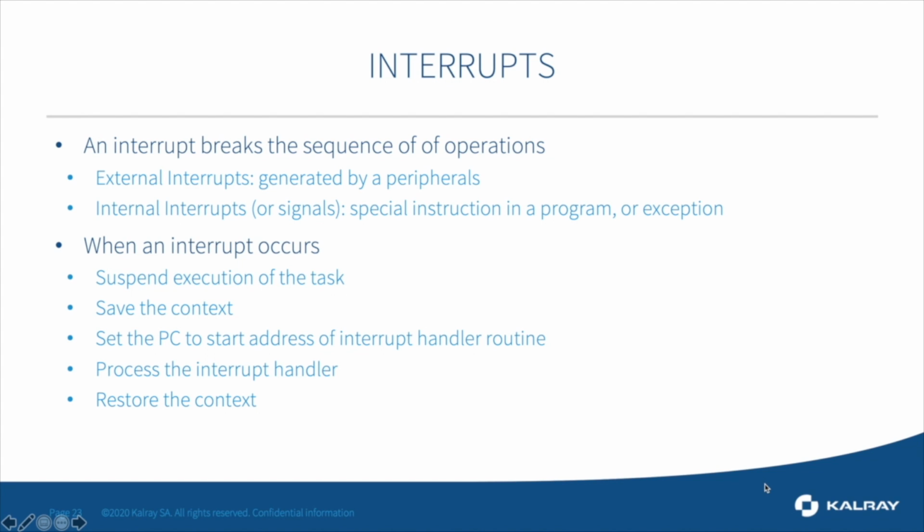When an interrupt occurs, in fact, you will stop a task. So you will suspend its execution, as we have seen. You will have to save the context of this task to make sure that you go to the interrupt handler, which is the code that will be executed and should be very fast to not block the entire system. You process this handler and you go back to the task that you interrupted.